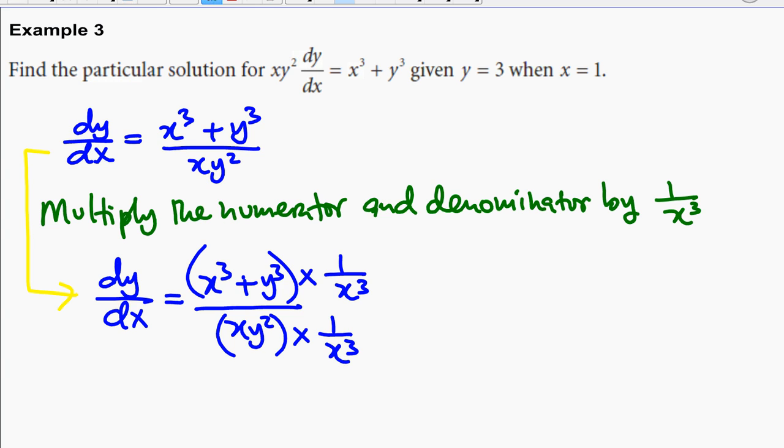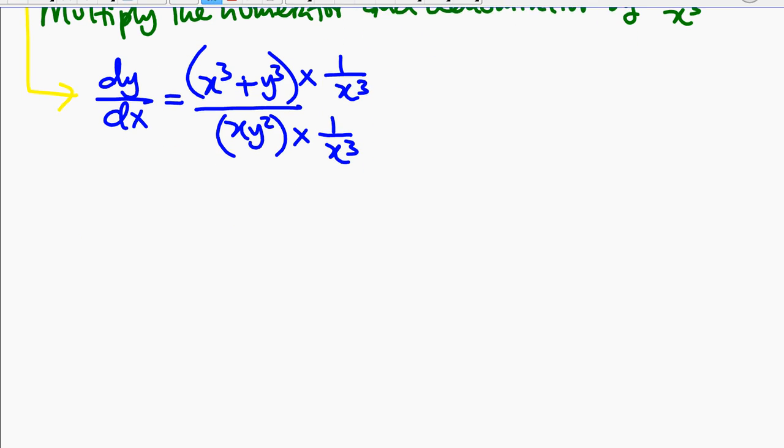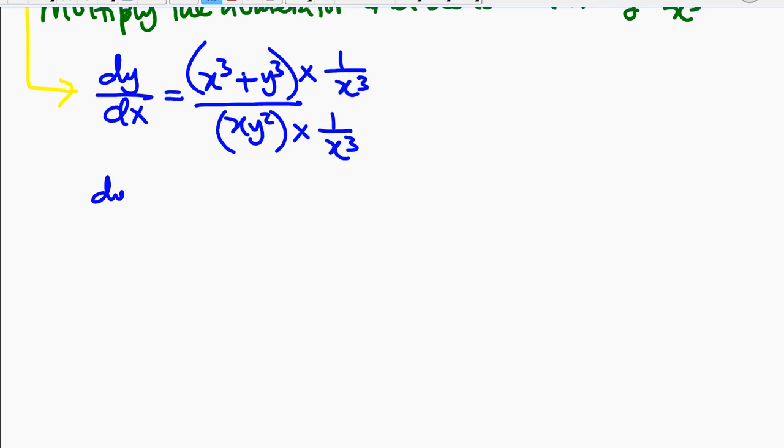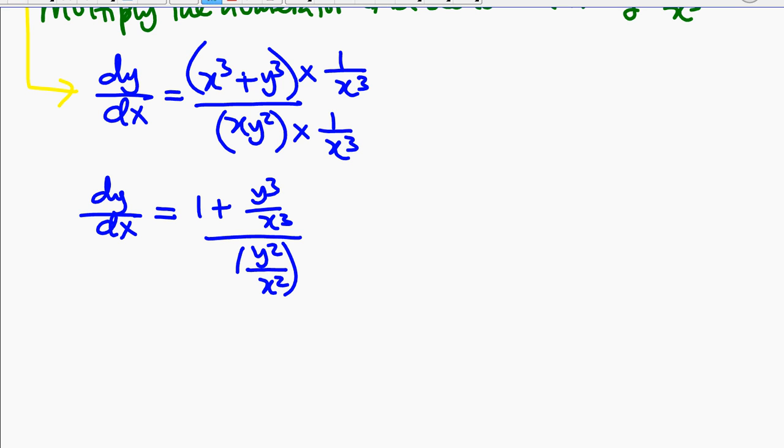All right, so this will simplify to dy over dx equal to (1 plus y cubed over x cubed) over (xy squared over x cubed), which can just be written as y squared over x squared, if that makes sense.